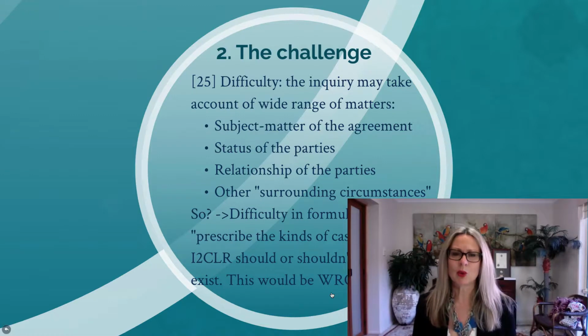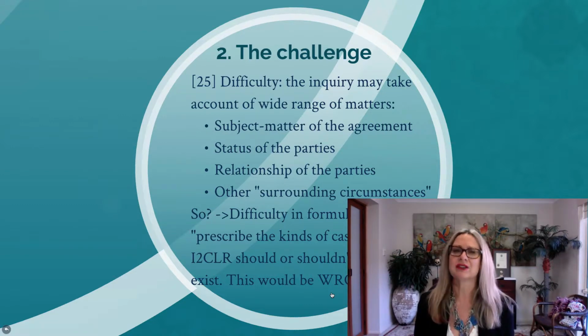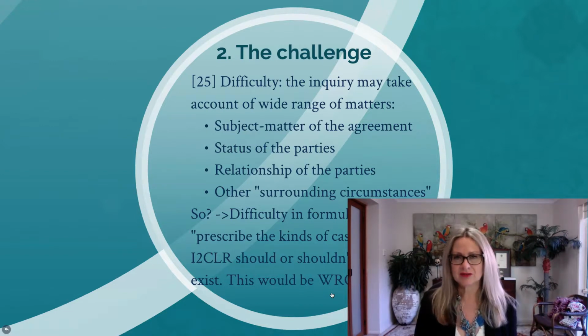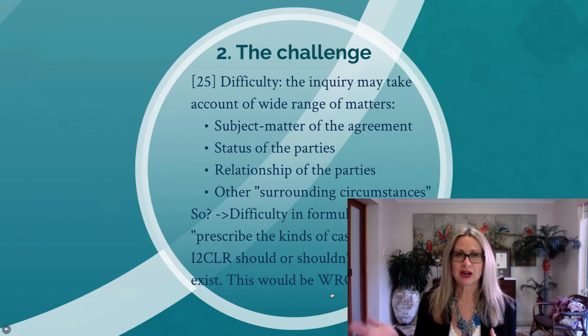Then they go on to say, well, what's the problem here? What's the challenge where intention to create legal relations is raised in a matter? And they say, well, obviously, the challenge for a judge is just the huge range of circumstances that you need to actually take into account if you're going to make a satisfactory conclusion on whether or not the objective facts indicated that the parties intended to create legal relations.